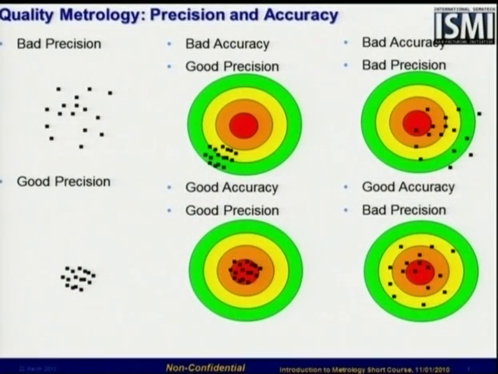You would like your metrology tool to have good precision, and you also need a method to calibrate it back to a fixed standard. That's called reference metrology. Again, not something I'll spend a lot of time on today, but you can have a tool that has very good precision, measures the same thing every time, and if there's a known offset, you can usually correct for that later. You don't want a tool that has bad precision, or especially bad precision and bad accuracy, because that's something you really can't compensate for.